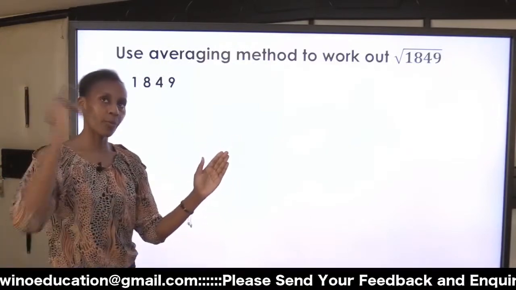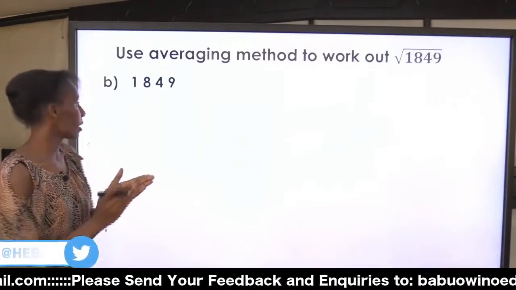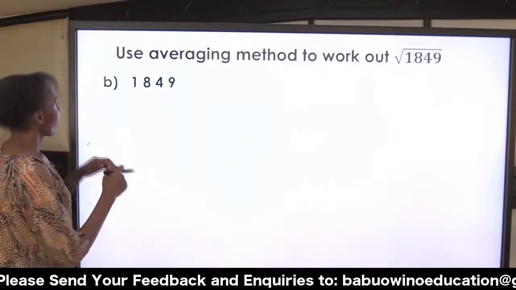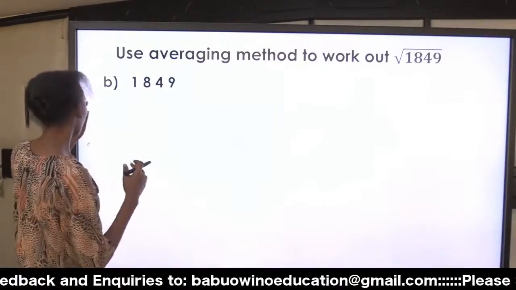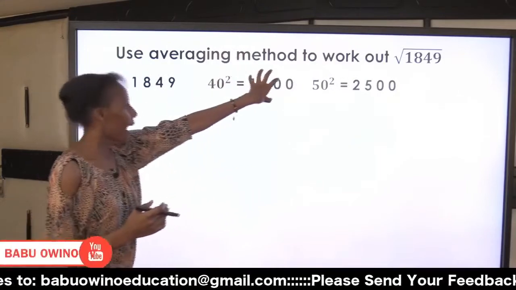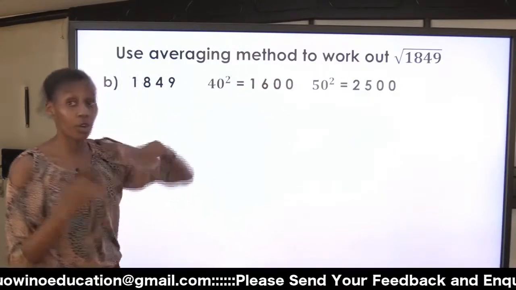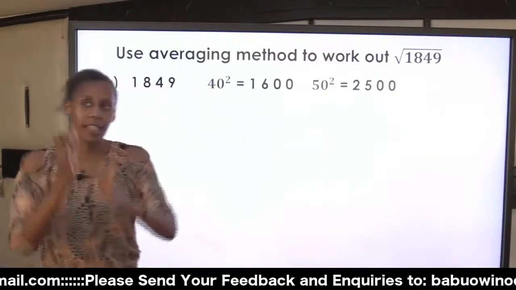If I multiply 40 and 40, I will get 1,600. If I go to 50 and 50, I will get 2,500. That is the range.